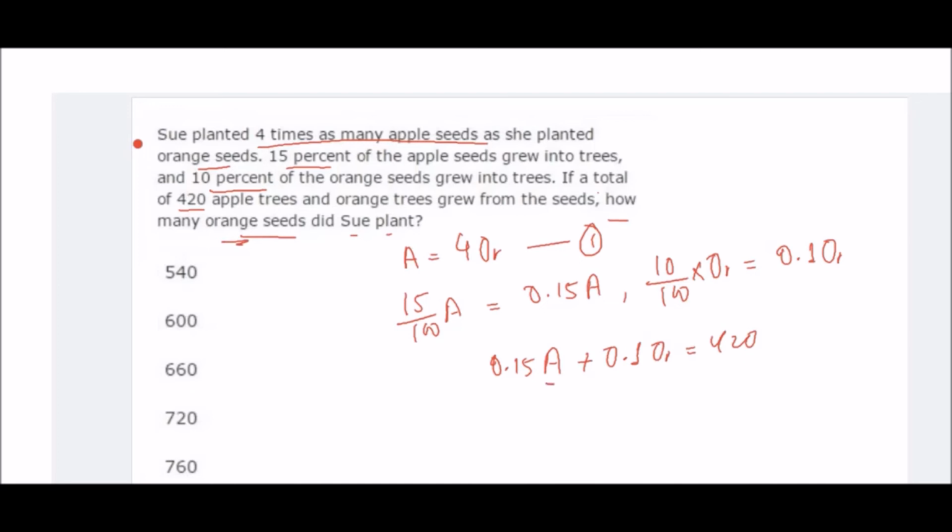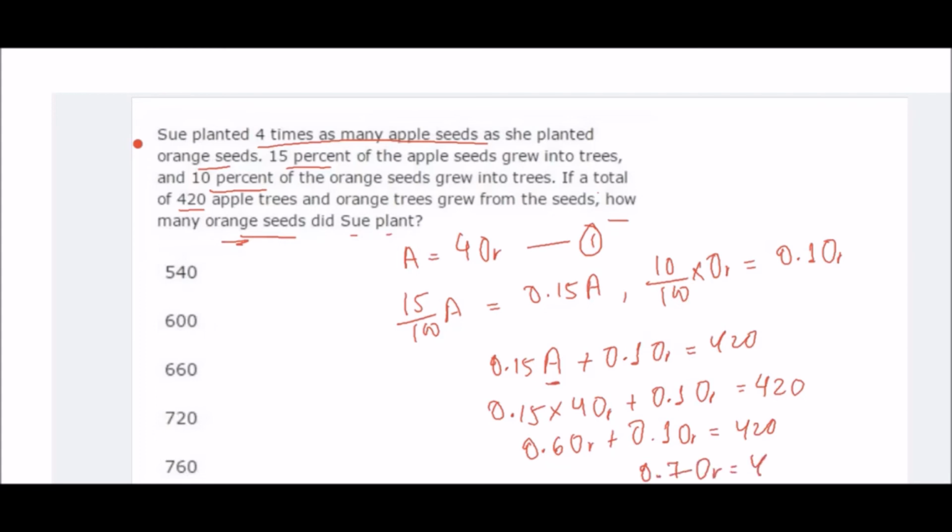So substitute the A value from equation 1 here, that will become 0.15 into 4 times OR plus 0.1 OR is equal to 420. That will be 0.6 OR plus 0.1 OR equals 420, 0.7 OR equals 420, and orange seeds will be 420 divided by 0.7, and the answer will be 600. Our answer will be the second option.